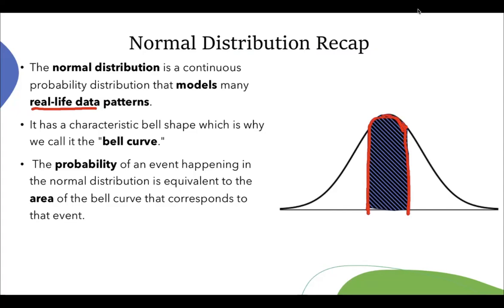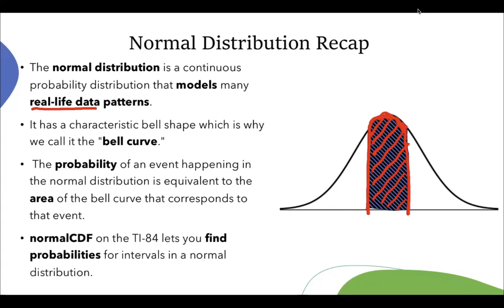Normal CDF is actually just using calculus, and instead of doing the calculus manually, we tell our calculator to use normal CDF, and it does the calculus for us. So we can find the area between any 2 points, for example, A and B, and that area translates into the probability of an event happening in the normal distribution.